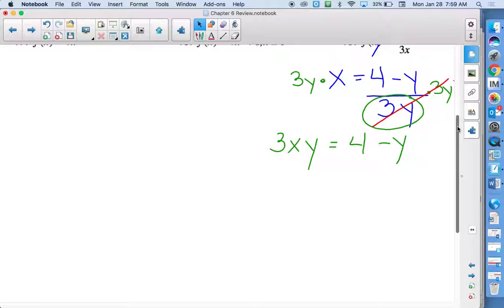After you switch x and y, you have to try and get y by itself again. Because there are two y's, and we're trying to solve for y, it probably makes sense to have them together on the same side of the equation. If there's a y on one side and a y on the other, and our goal is to get y by itself, it might make it easier if they're on the same side. So that just means take y to the other side by adding it.